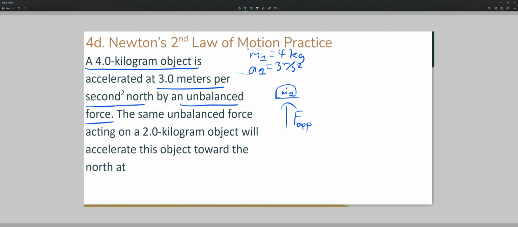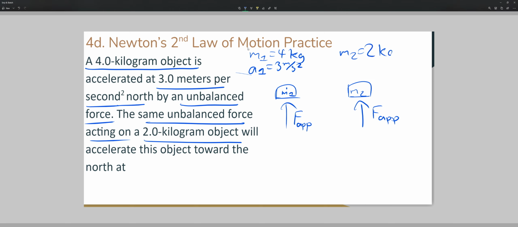The question goes on to say, the same unbalanced force acts on another object, a 2 kilogram object. So my mass 2 is 2 kilograms. How fast will I accelerate this object? What is the acceleration this second object feels from the same unbalanced force?